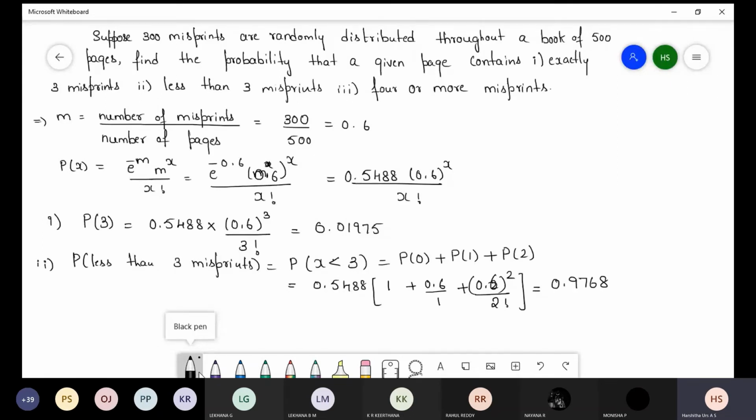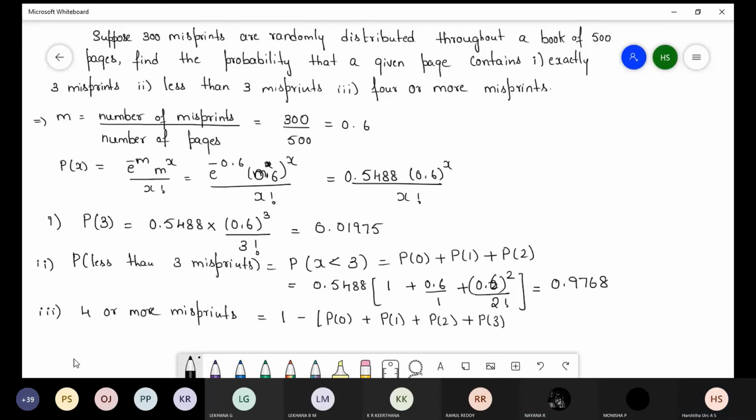6, 8. Last one, here 4 or more misprints. 4 or more misprints. So here 1 minus of P of 0 plus P of 1, P of 2 plus P of 3. 4 or more misprints.